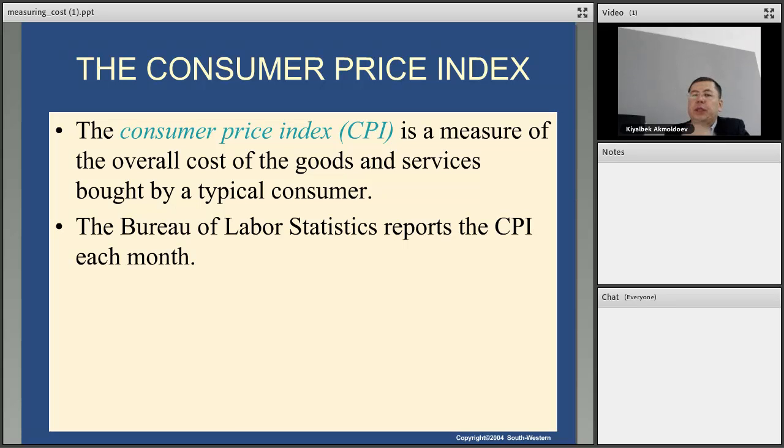They also fix the basket. They ask people what they consume every day, typically, and they put these goods and services in the basket. Every month they monitor by what percent the goods and services, fixed and constant in the basket, have increased or decreased. They give a report to the society, to the people.